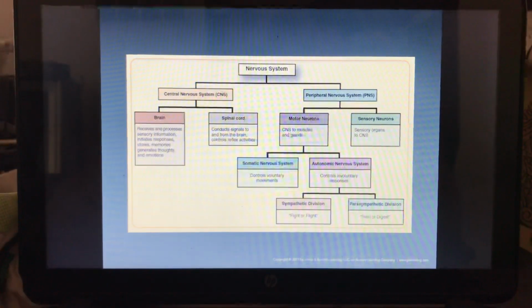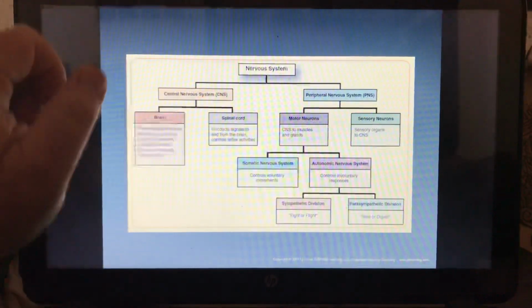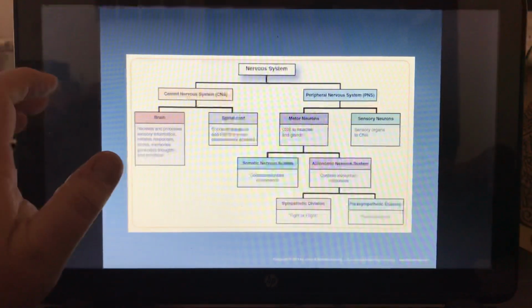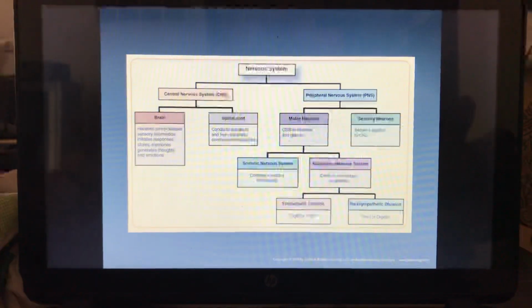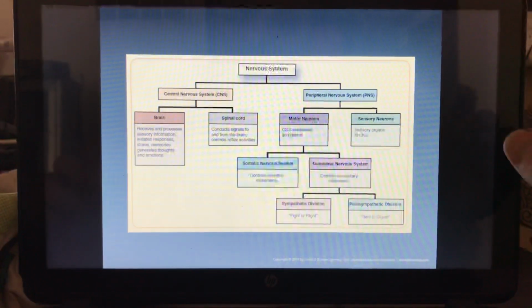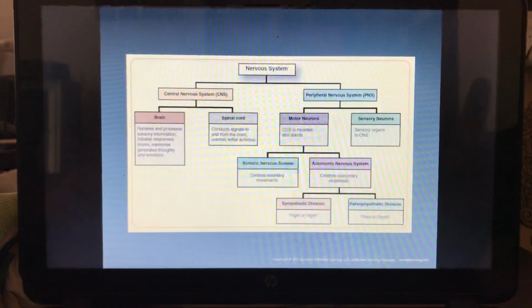All right, so the nervous system, how it's broken down. We go back to the CNS. You've got the brain and the spinal column, or the spinal cord. That's your central nervous system. There's no argument, nothing we can say about that. That is just simply what it is. When we go into the peripheral nervous system, you have different types of nerves that do different things. One is motor neurons. Your motor basically causes movement or causes things to be done.